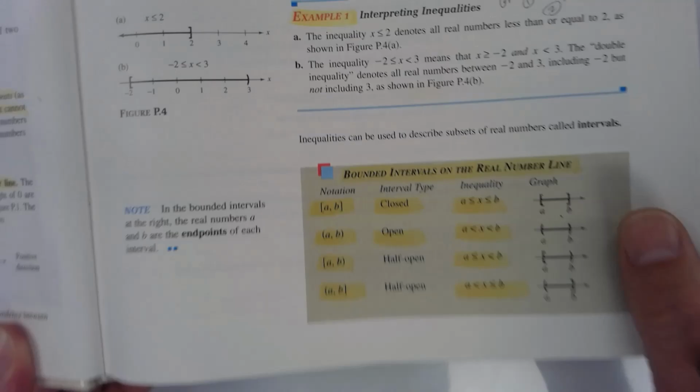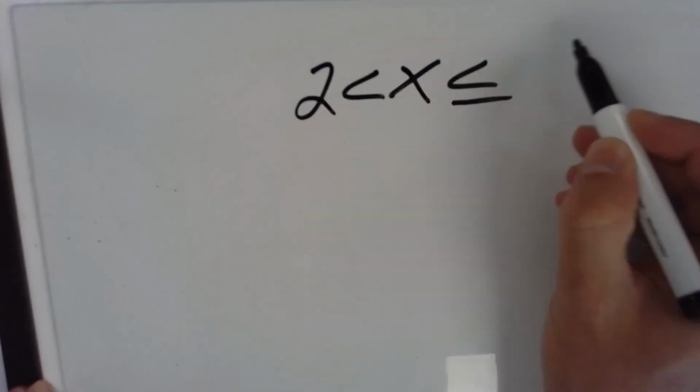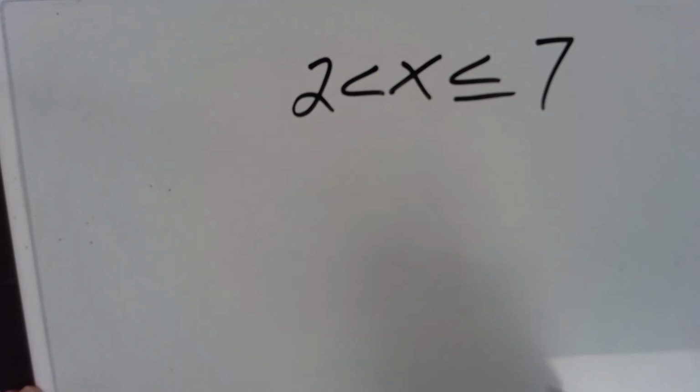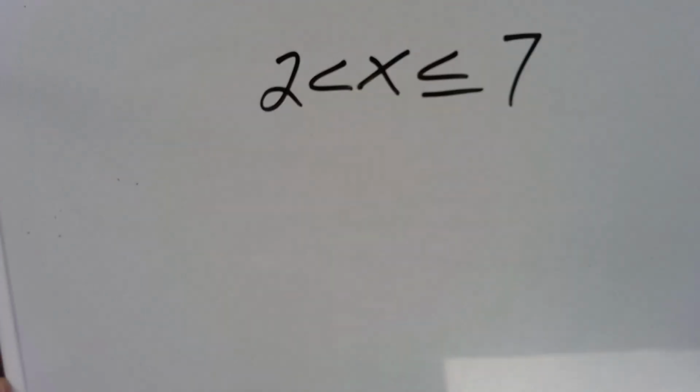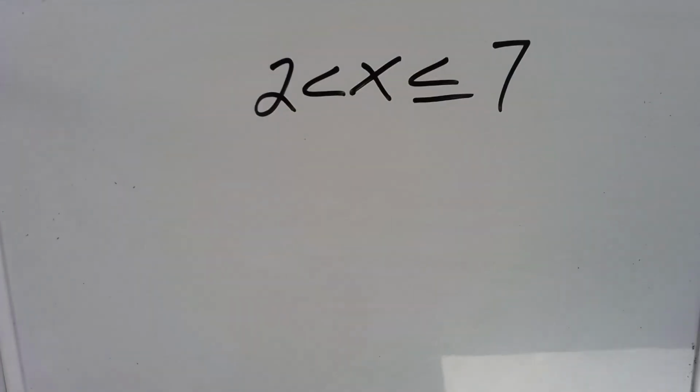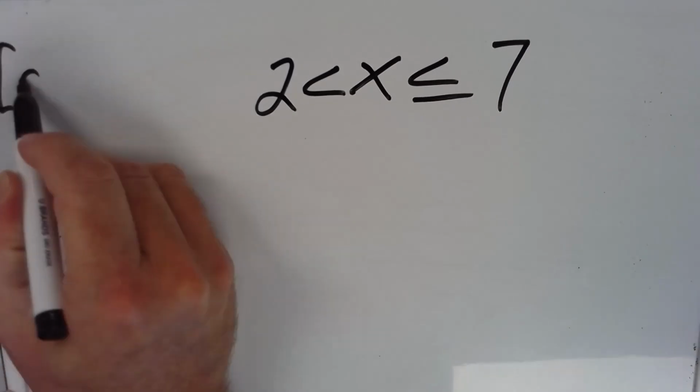And I'm going to give you an example. And using the new notation, and the new notation is that first column, so we're talking about these are square brackets or closed brackets. Oops, sorry.